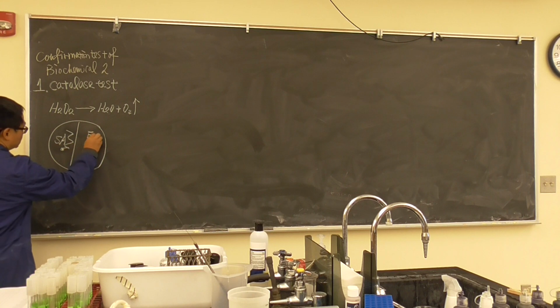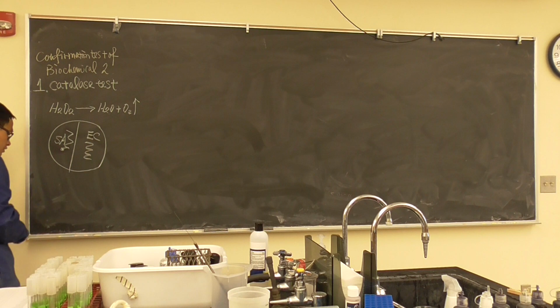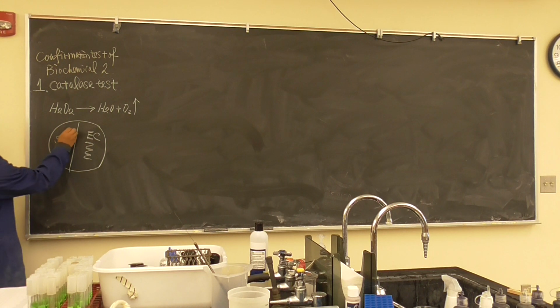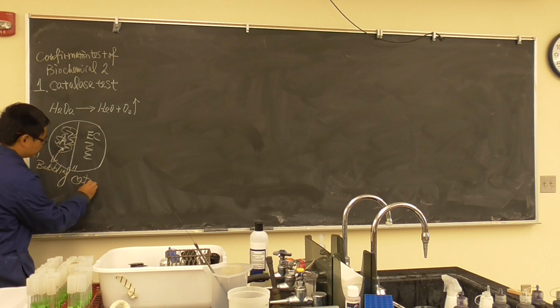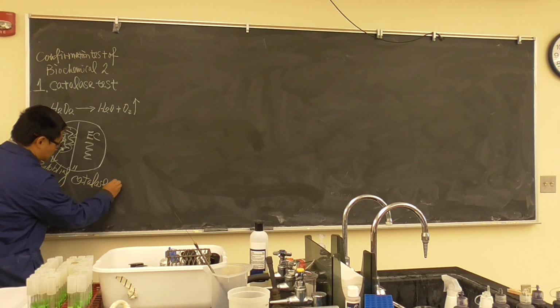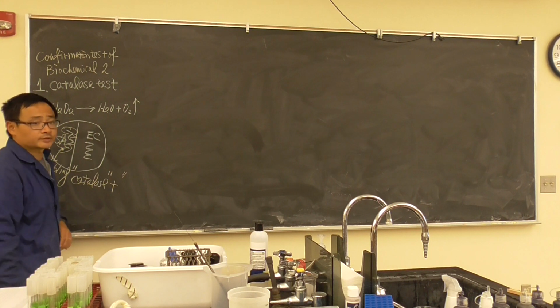This is E. coli. There is one side where a bubble comes out. You should know it is Staphylococcus aureus. This bubble coming out, we say bubbling. Okay, that's catalase test positive. Always remember.